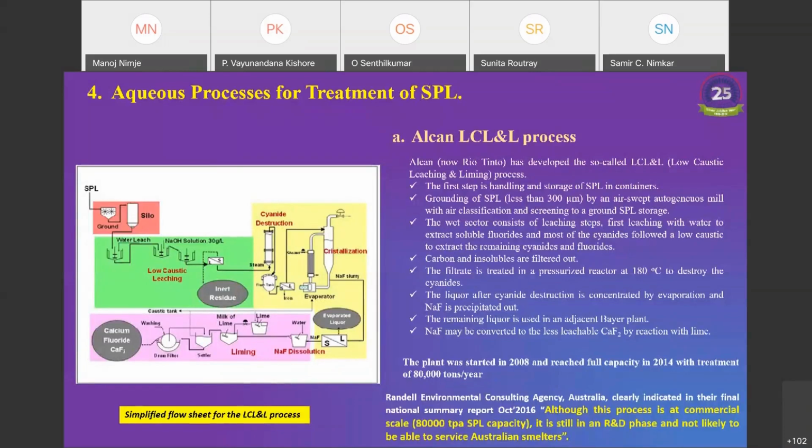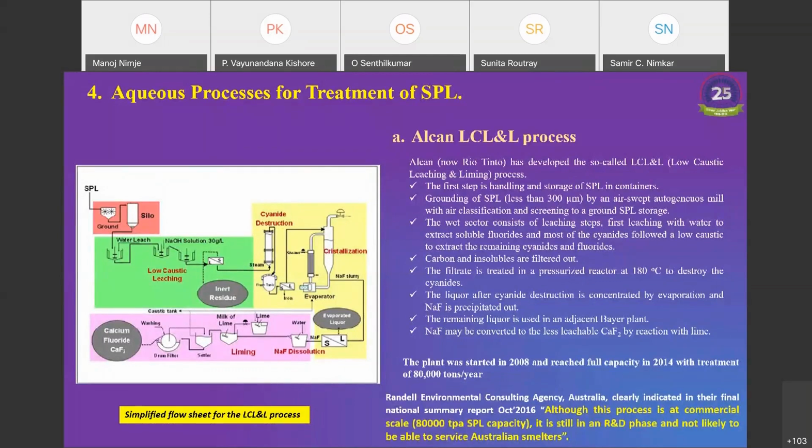The wet sector consists of leaching steps: first leaching with water to extract the soluble fluoride and most of the cyanides, followed by a low caustic leach to extract the remaining cyanide and fluoride. The next step is the filtration of carbon and insolubles.